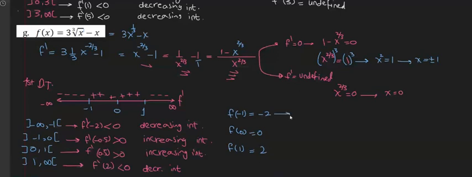So we have here at negative 1 and negative 2 a relative point, and at 0 and 0 a relative point as well, and at 1 and 2 a relative point as well. What's the type now?